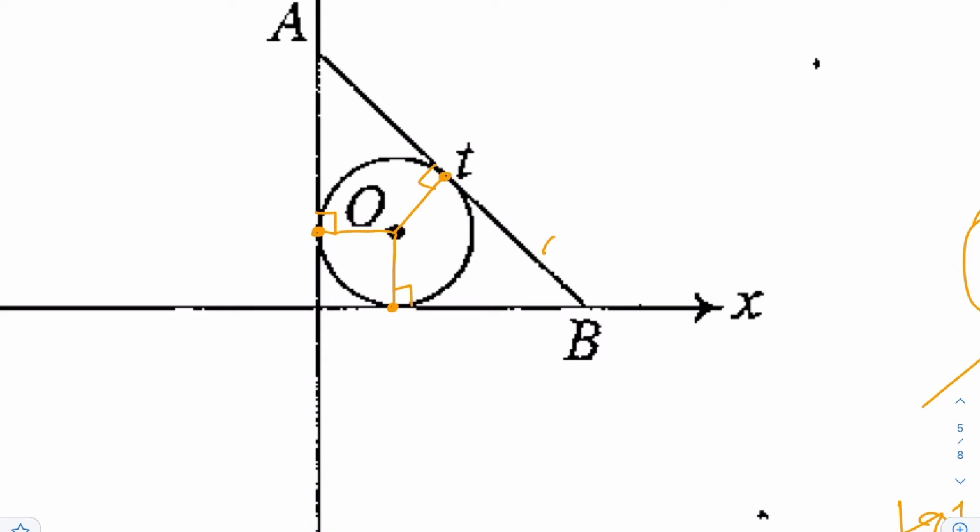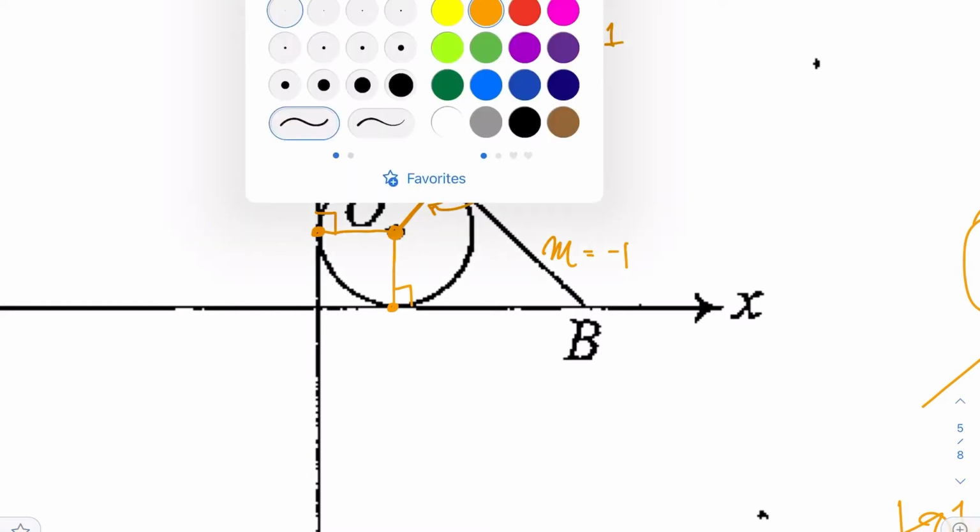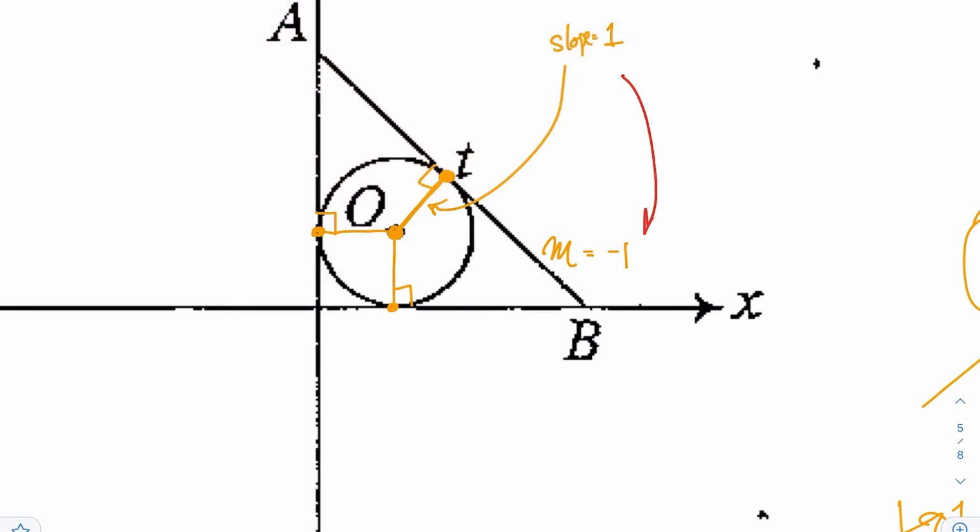And now, because the slope of line AB is equal to -1, remember that negative reciprocal slopes will be perpendicular. So the line from the center to point T will have a slope of +1. Remember, these have to be negative reciprocals.